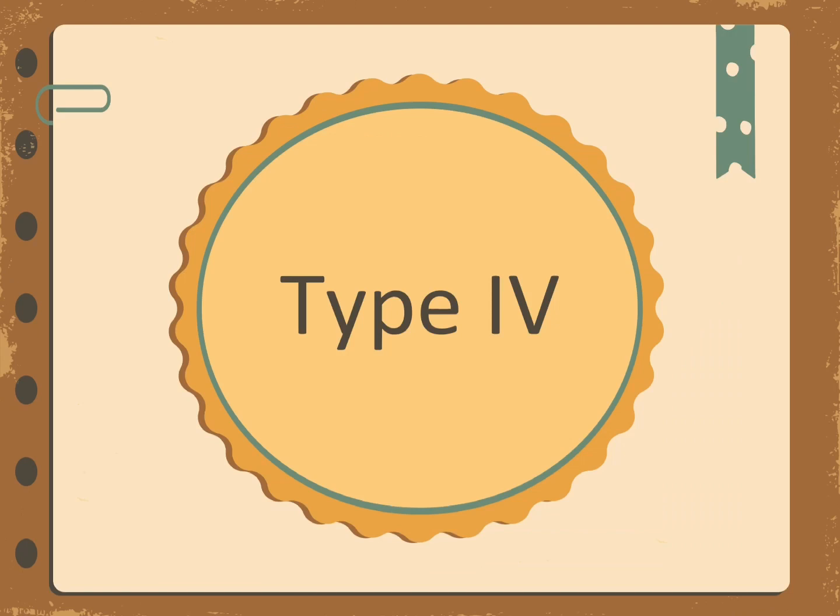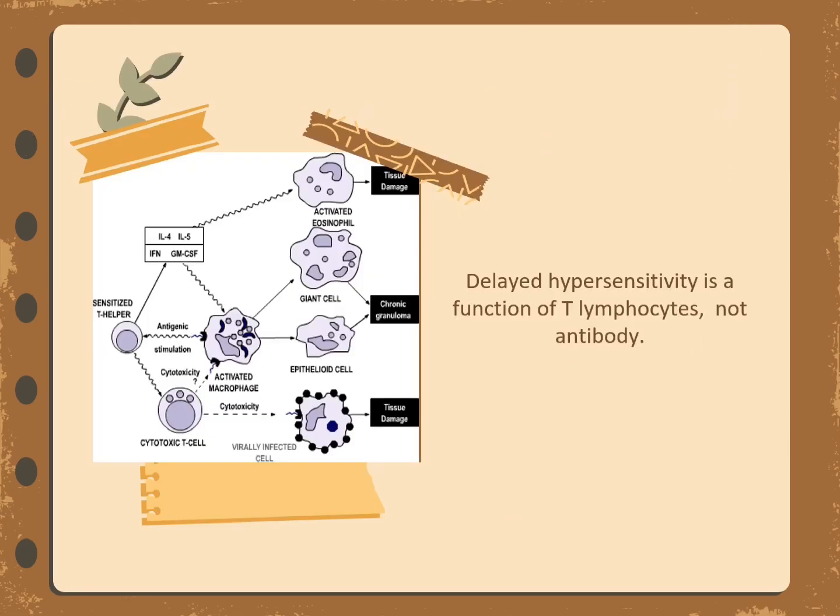For type 4 hypersensitivity, delayed hypersensitivity is a function of T lymphocytes, not antibody. It starts hours or days after contact with the antigen and often lasts for days. It can be transferred by immunologically committed T cells, not by serum.